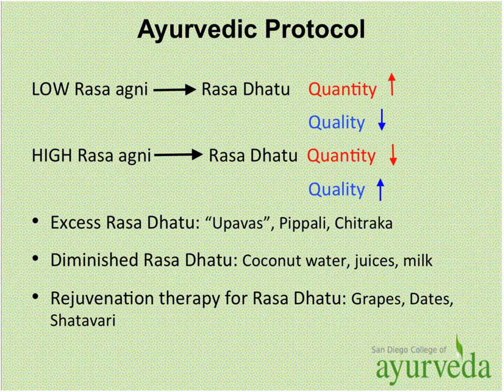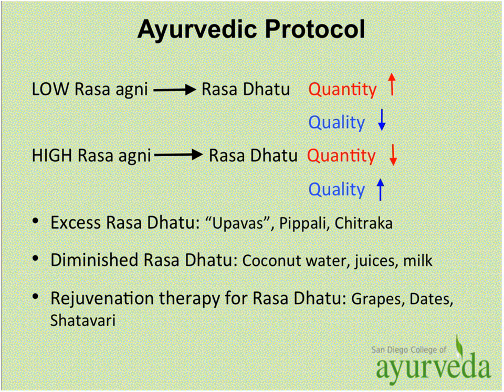For the Ayurvedic protocol, we have seen that when Rasadhatvagni is low, the Rasadhatu formed will be of poor quality, but the quantity will be more because it is not fully cooked. The quantity is more, but the quality is not good.